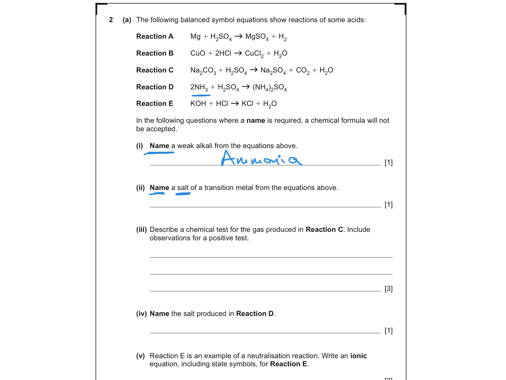So here in B we've got an acid, and it's reacting with copper oxide, and copper is a transition metal, and that will form the salt copper 2 chloride. That's the answer to part 2. That is a salt of a transition metal.